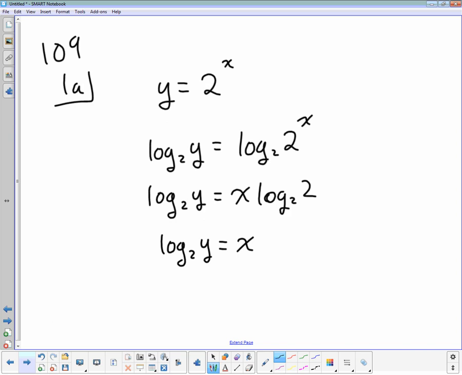You could always just go straight to the first rule of logs, which would give you the same answer. But this was kind of it in full-on gory detail, or all of its glory right there. So let's do another one. 2C.